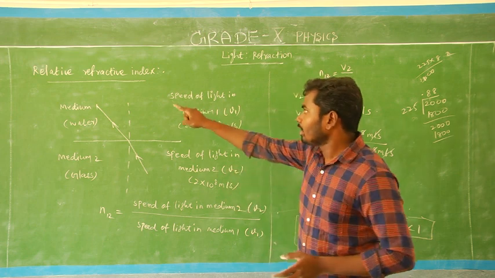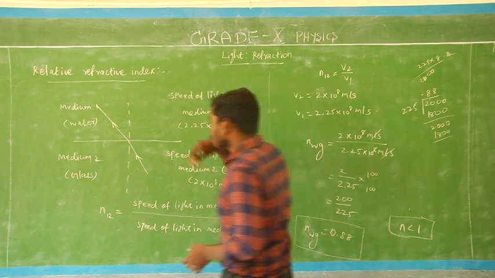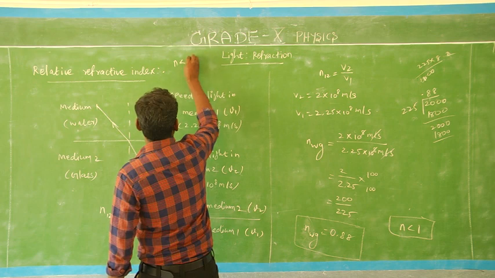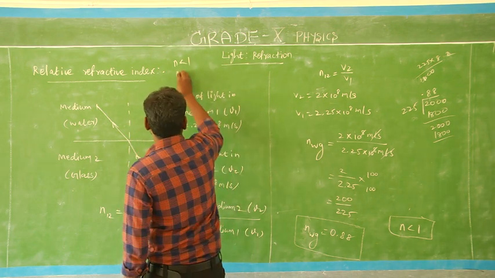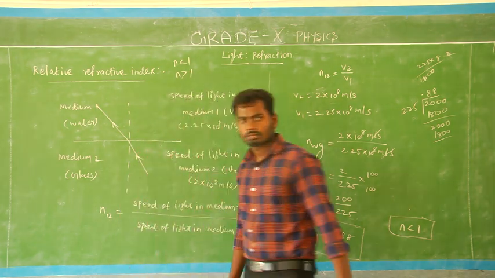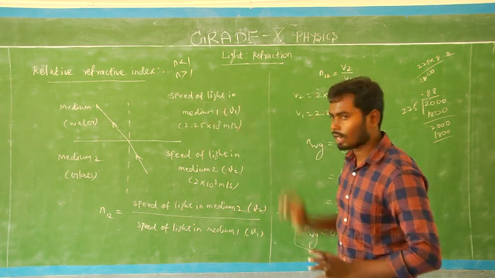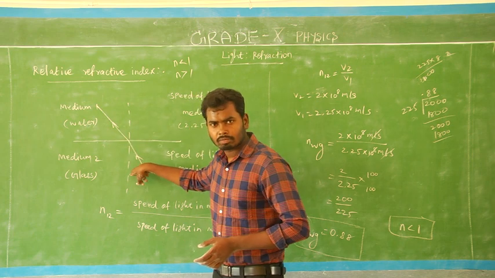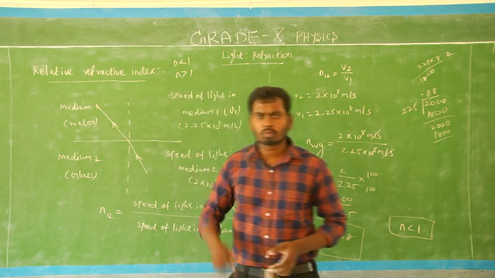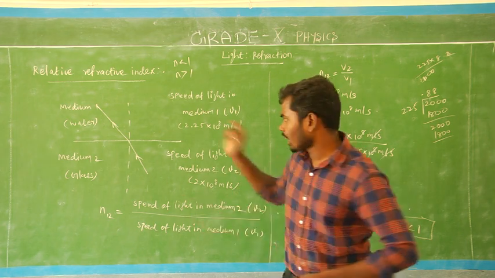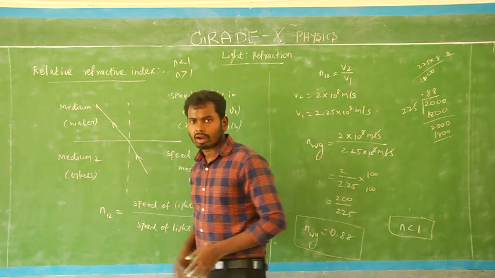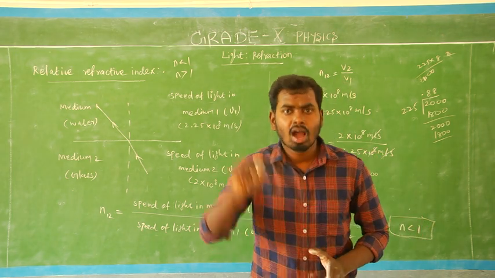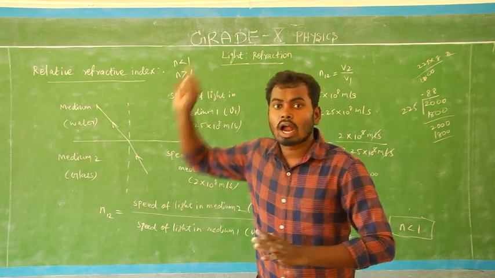So in relative refractive index, the refractive index value can be less than 1 or greater than 1. Look here: air medium is not present. In the first case, light goes from water into glass; in the second, light goes from glass into water. So in relative refractive index, air or vacuum medium should not be there.